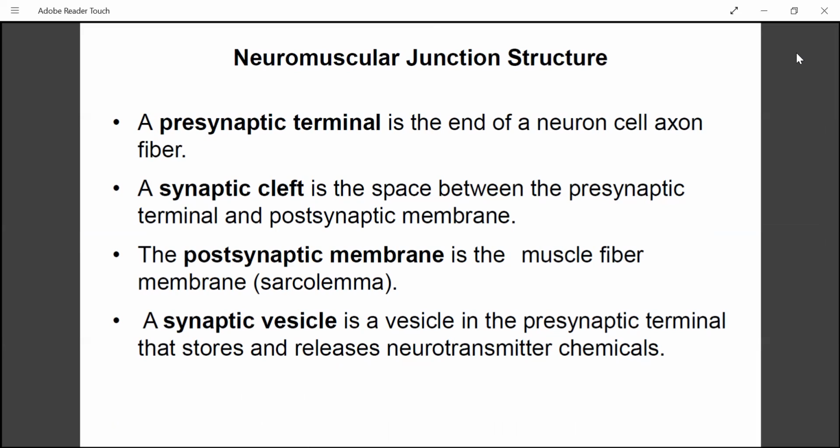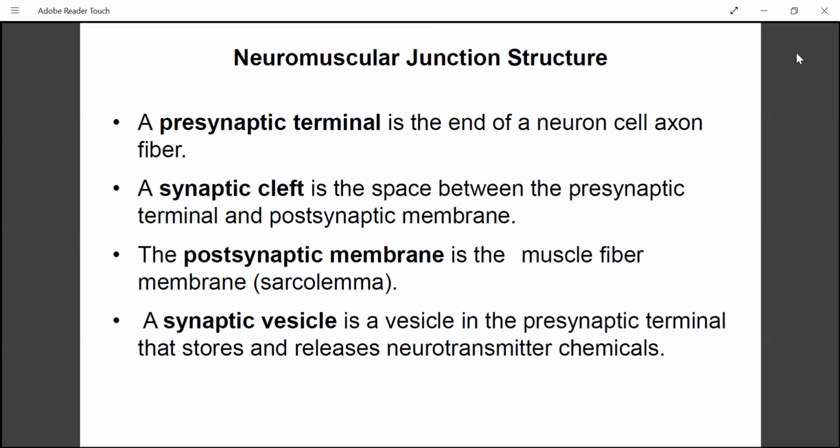So, the neuromuscular junction structure. You have your presynaptic terminal. This is going to be the end of a neuron. The axon of a neuron is the part that sends the signal, so the presynaptic terminal is the end of that neuron's axon.